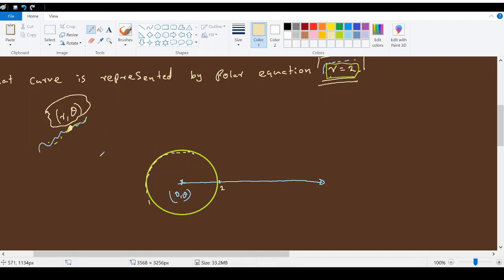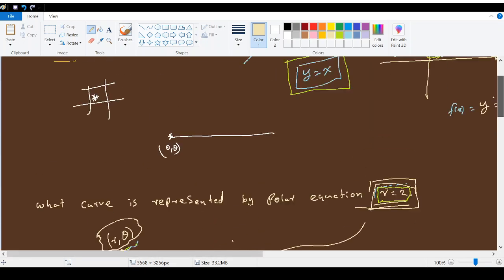If you consider any other point other than the points on the circumference, it does not satisfy this equation, right? So the only possibility for this equation is the circle centered at the pole with radius 2. This is very important, and you have to understand it very clearly, right?